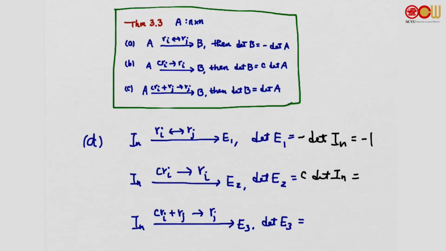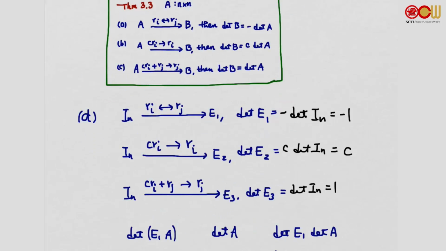So it is equal to C. How about the last one? If we apply a row addition on the identity matrix to get E3, what is determinant E3? Theorem 3.3 says when we apply a row addition, the determinant remains the same. So we have determinant E3 equal to determinant I_N, equal to 1.